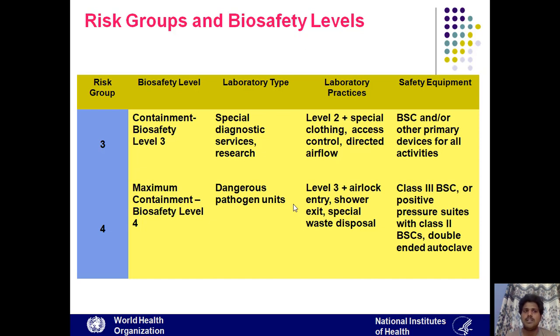Normally, you might have seen on TV people wearing something like a spacesuit and working in laboratories, especially related to the present COVID-19 problem, with class 2 biosafety cabinets and also double-ended autoclaves. These are the basic differences associated with the biosafety levels: the type of work involved, the laboratory practices followed, and the safety equipment contained.